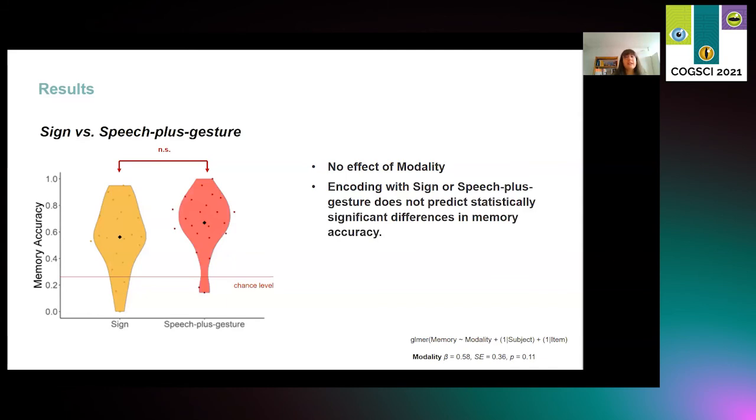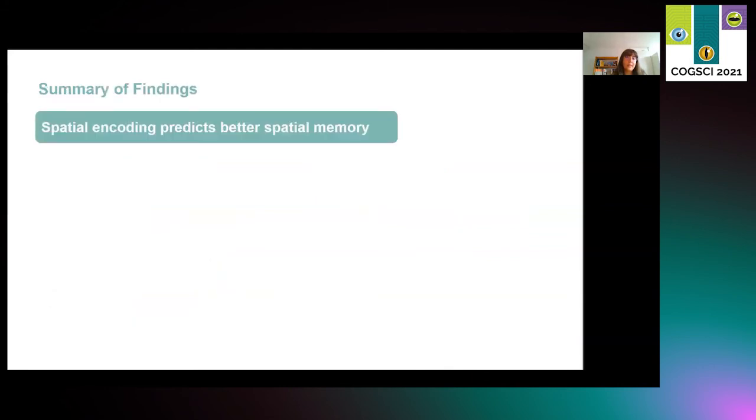Finally, we analyzed another subset, that is, memory accuracy of the items that were encoded by sign or speech plus gesture. Results show that, again, encoding the spatial relation with different modalities does not predict statistically significant differences in memory accuracy. Let's summarize our findings.